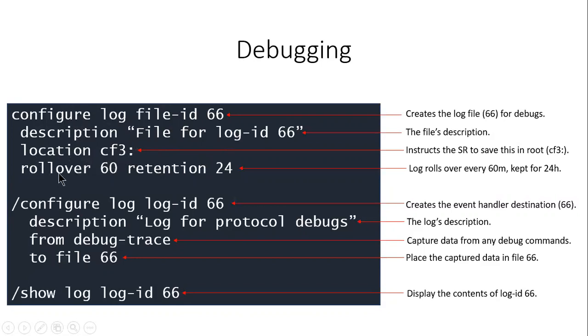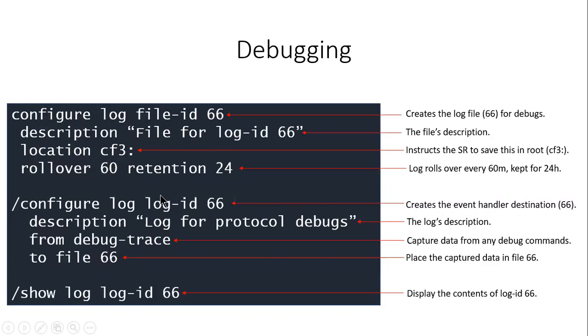And we'll also give it 2 parameters, rollover 60, retention 24. And what that's going to instruct the router to do is automatically roll the log over every 60 minutes and retain this log in its current state for at least 24 hours. The only command that's required is the location.